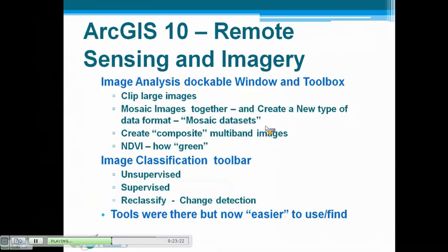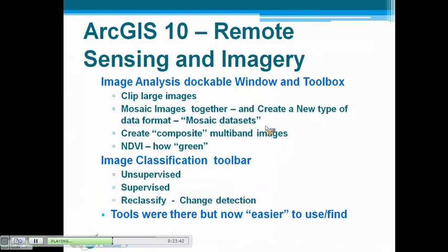When you bring in your vector and raster data sets, your pixels all have values for the data that's being displayed. You can clump those into types of reflectance using a tool called unsupervised classification.